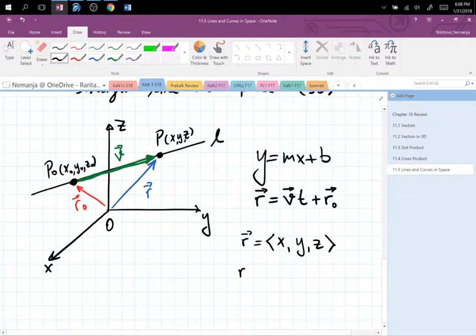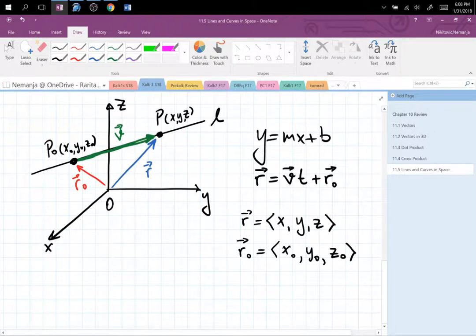And vector r0, the red one, is clearly the vector x0, y0, and z0. Do we all see that? Good.